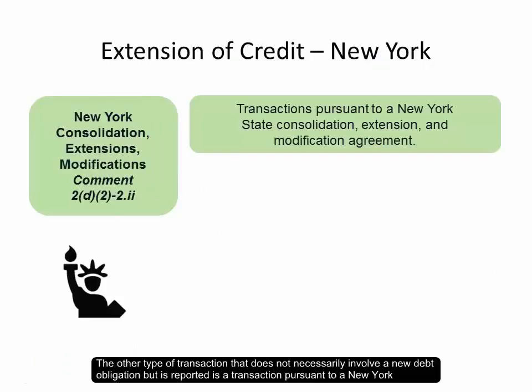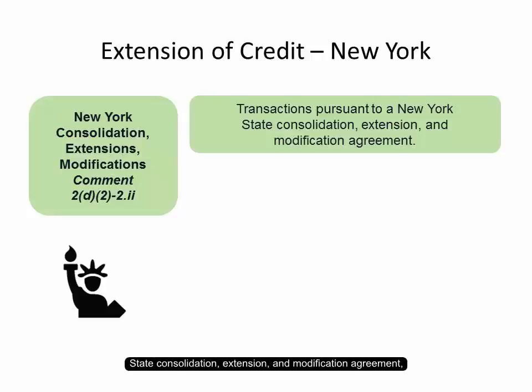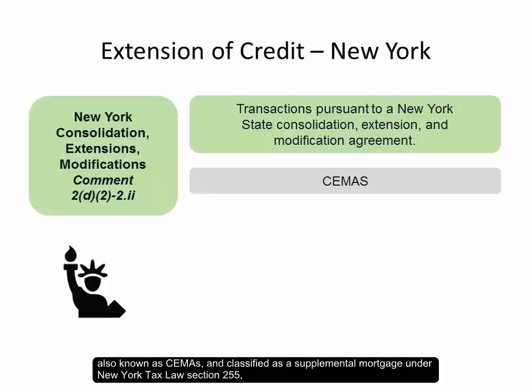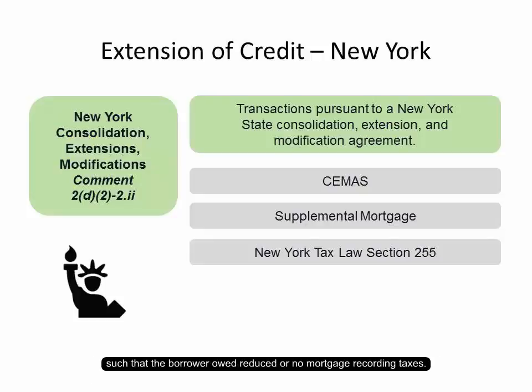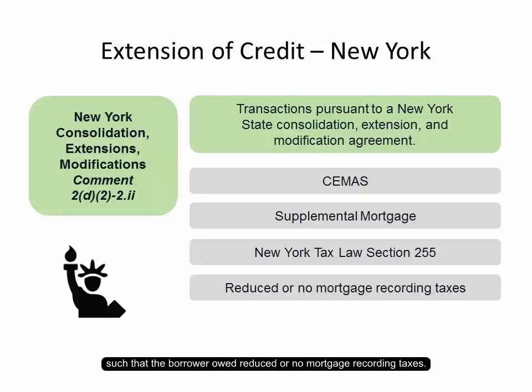The other type of transaction that does not necessarily involve a new debt obligation, but is reported, is a transaction pursuant to a New York State Consolidation, Extension, and Modification Agreement, also known as a CEMA, and classified as a supplemental mortgage under New York tax law, Section 255, such that the borrower owes reduced or no mortgage recording taxes.